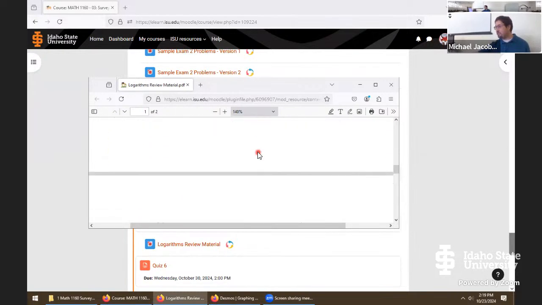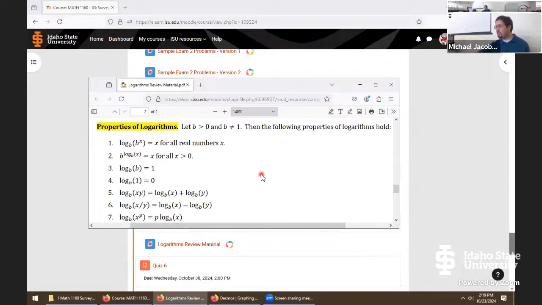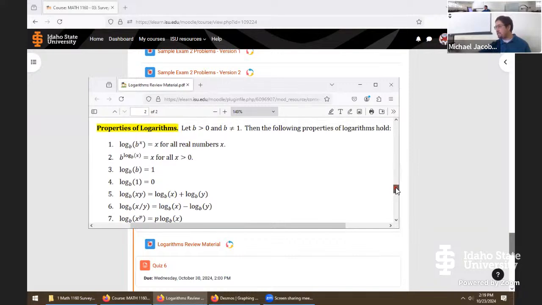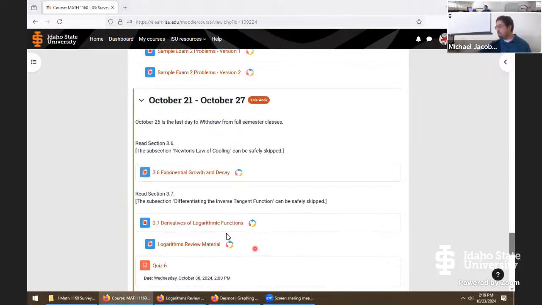Then when you scroll down further and further, we have some examples. But right where it's yellow, I think this is going to be the major part for the class right here. So this is where the properties we're going to be using to make differentiation just a little bit more streamlined in this section. And like we mentioned, logarithms are pretty tricky in this class because they're tricky on their own.